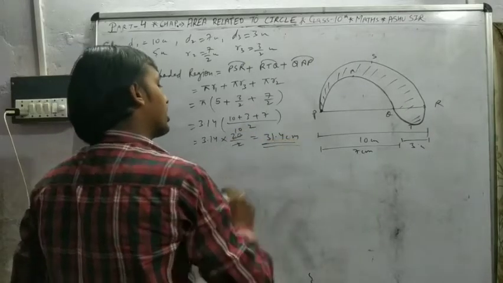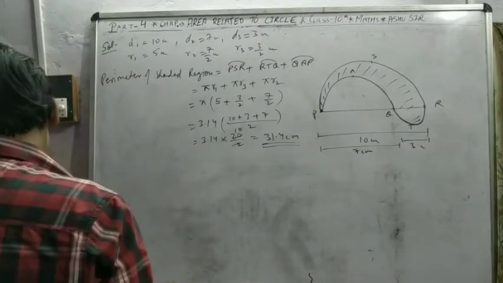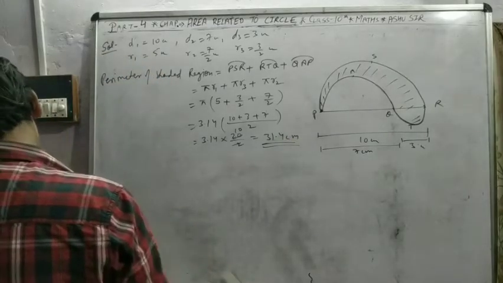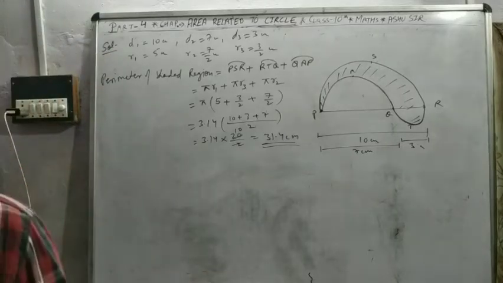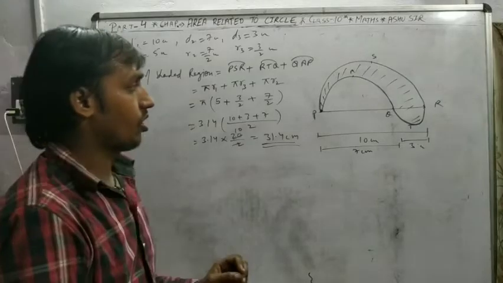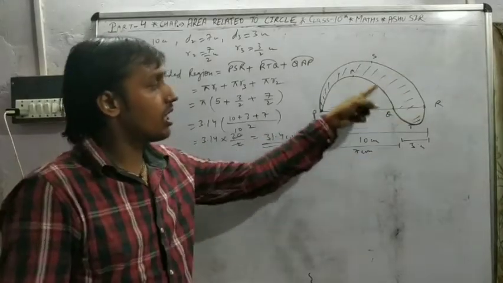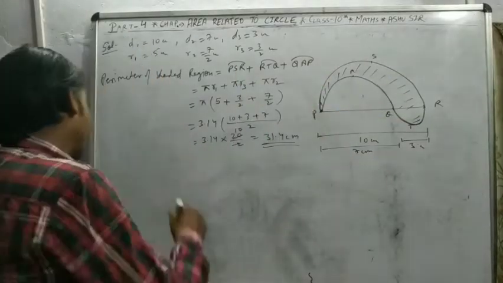So 3.14 into 10 is 31.4 centimeters, the perimeter of the shaded region. Without any problem, we can find the perimeter. When we find the area, this was the perimeter, the closed part, now the area.